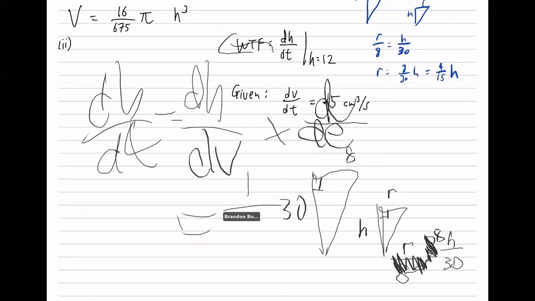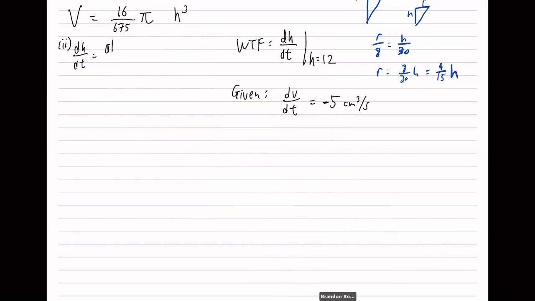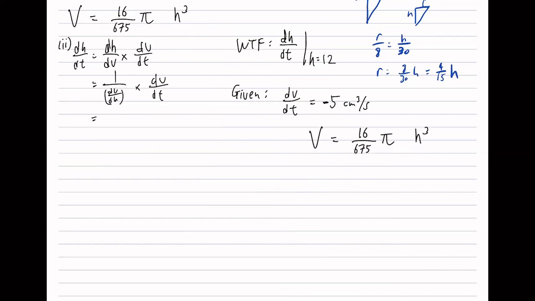Go to 1 over dv over dh. Good, carry on. dv over dh, you can use the one from part 1 and you just differentiate that to get dv over dh. So give me the answer.